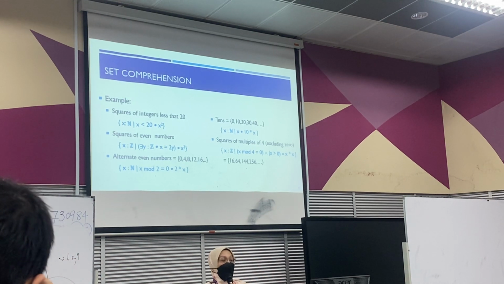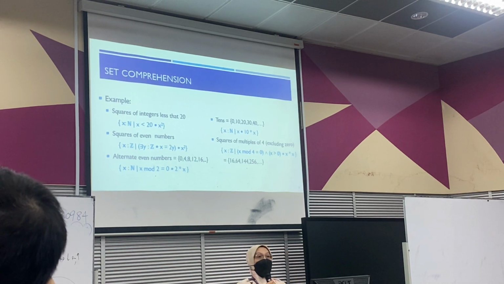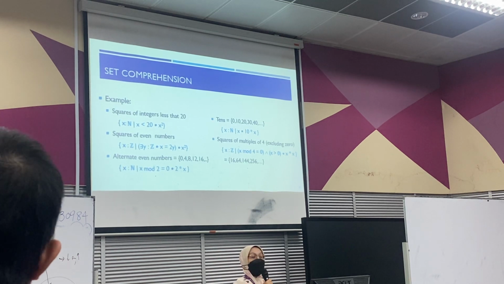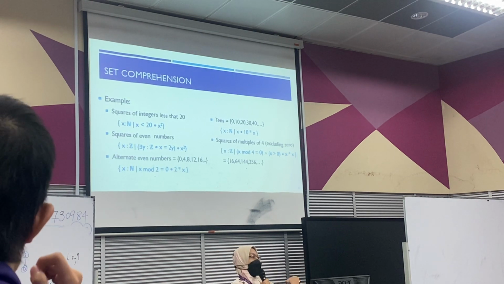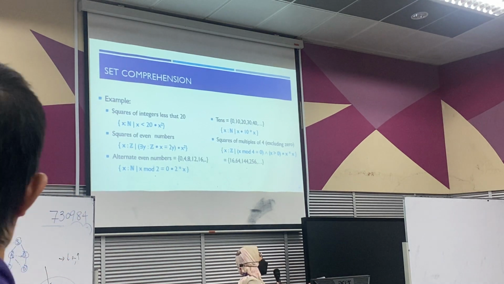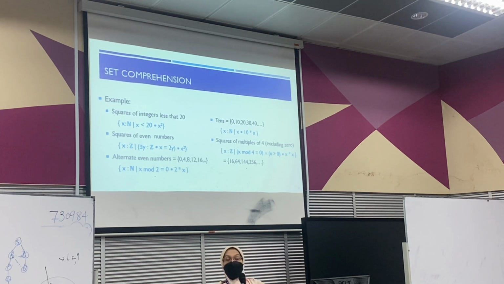So where to use set comprehension? Just now, like I told you, let's say you have optional data and you want to check whether the customer entered the optional data or not. If no data is inserted by the customer, then the data will remain the same, the original data.